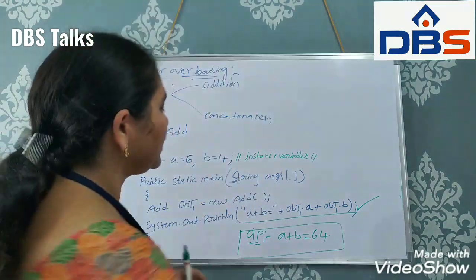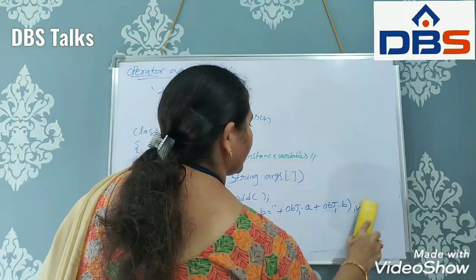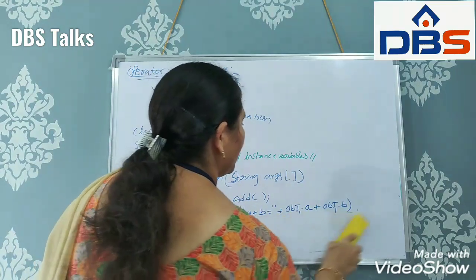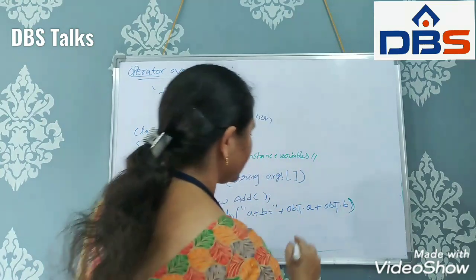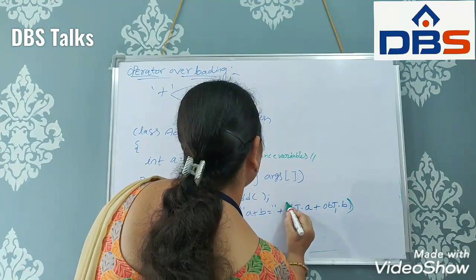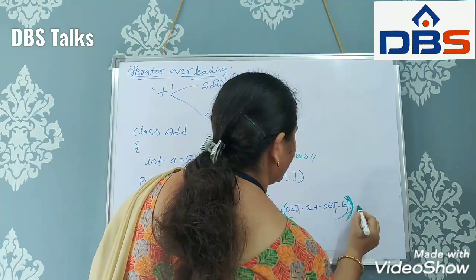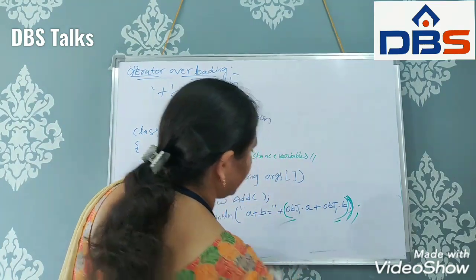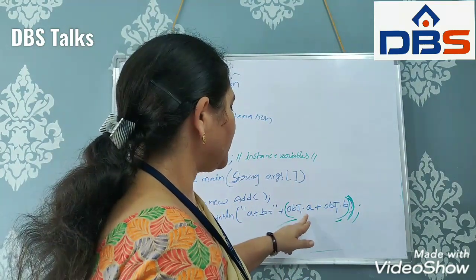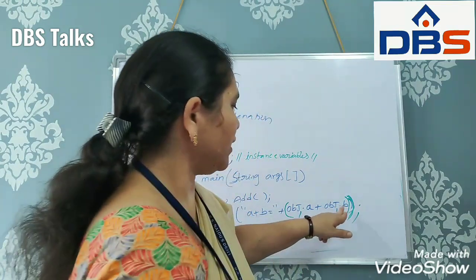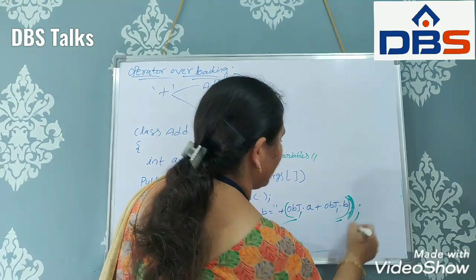Otherwise, if I want to get the addition value, with a small change we can perform it. We already have an idea: we will use the inside parameter of these two variables, obj1 dot a plus obj1 dot b, and then close the main parameter.